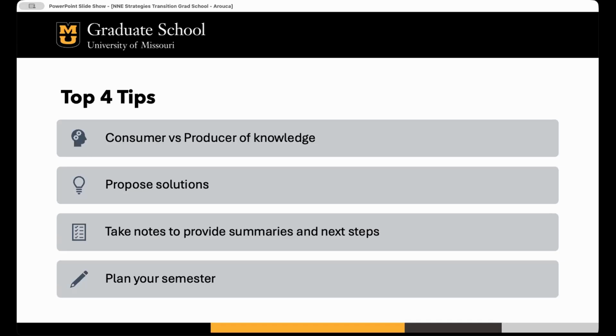You should also always be taking notes during meetings. Any meeting that you go to with your principal investigator, the mentor, you're taking notes and creating summaries and next steps. That goes back to aligning expectations, because then you can send it back to them and say, here's my understanding of where we are and the next steps.